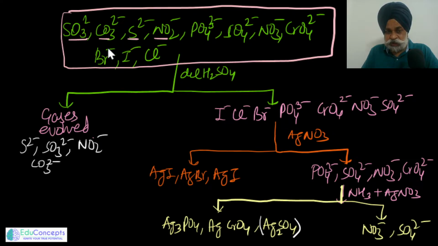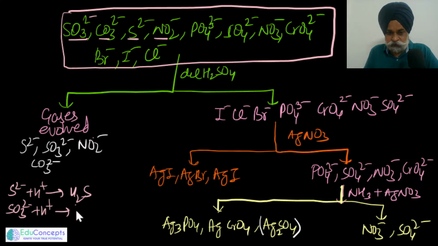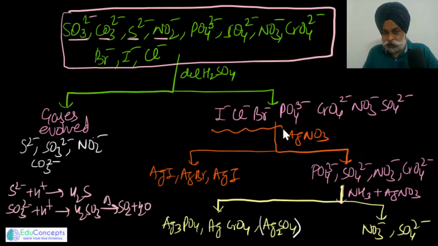These react with H+ and evolve some gas, just like SO3 2- evolves SO2. In today's session we will be discussing that sulfide reacts with H+ to give H2S, and sulfite reacts with H+ to give sulfurous acid, which on decomposition gives SO2 and water. This discussion we had last time also in detail, so I would refer you to that one. So these are the anions which would not react with dilute sulfuric acid.